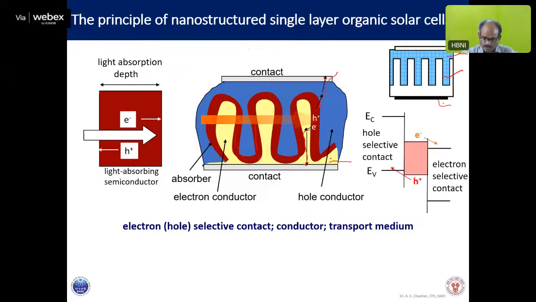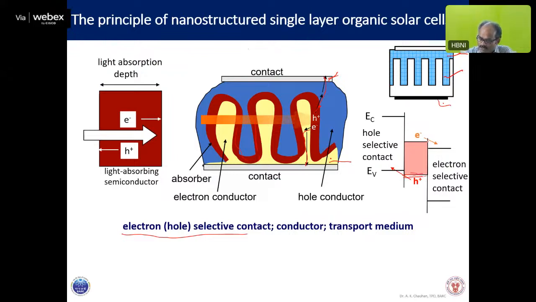There is one more thing. For these contacts, we need another material which provides a level very close to this level. That kind of layer is called a hole transporting layer.